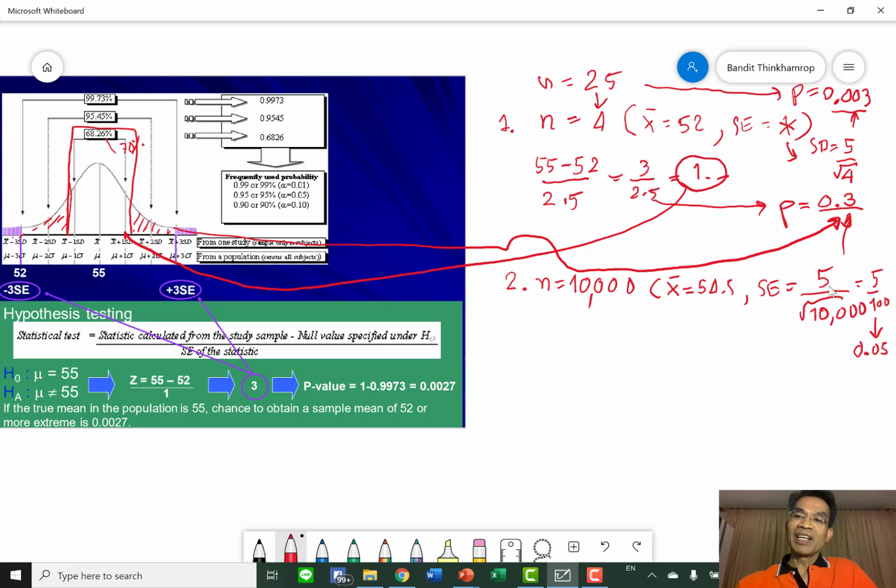Okay, then we calculate the p-value. It is 55 kilograms minus 54.5. The difference is just half a kilo, 0.5 kilogram, divided by the standard error here, 0.05. It's about 10.